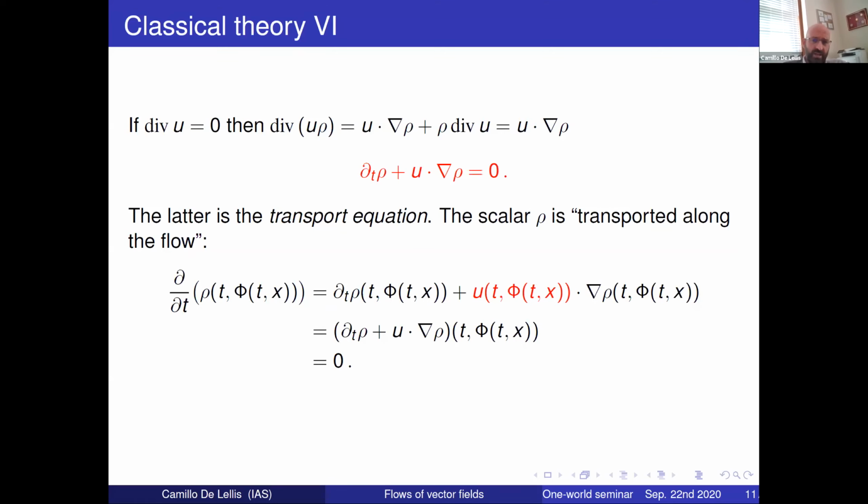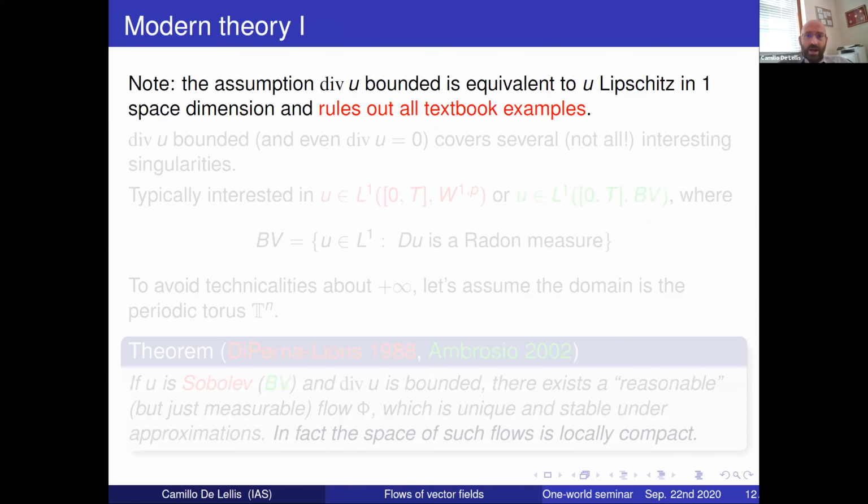And therefore, you just get the usual description that the solutions of the ODE are actually the characteristics of the solutions of the transport equation. Now, the assumption that the divergence of u is bounded is equivalent to the fact that u is Lipschitz in one space dimension and rules out all textbook examples.